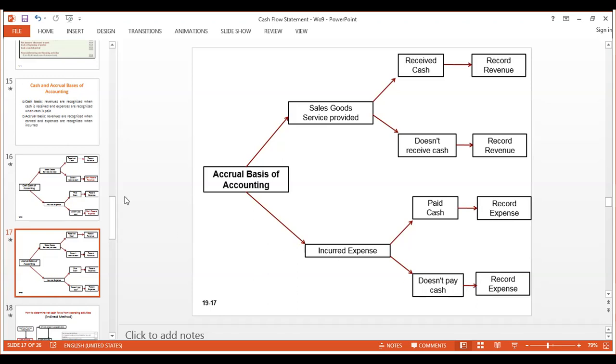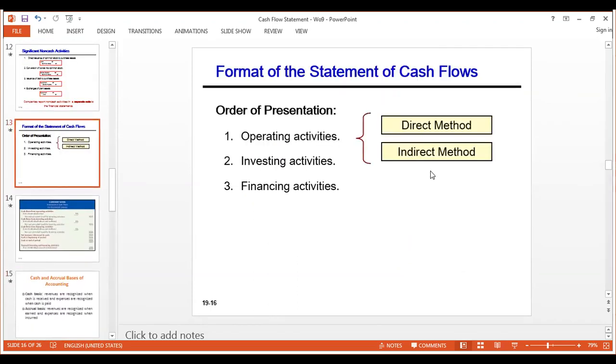Now, if you understand these two diagrams, when we use this indirect method, what is the meaning of it? I told you that we are going to use this indirect method. What is the meaning of indirect method? I can write here.